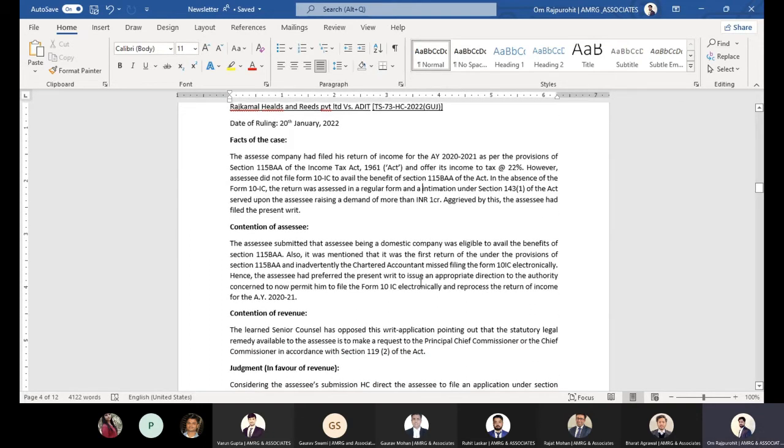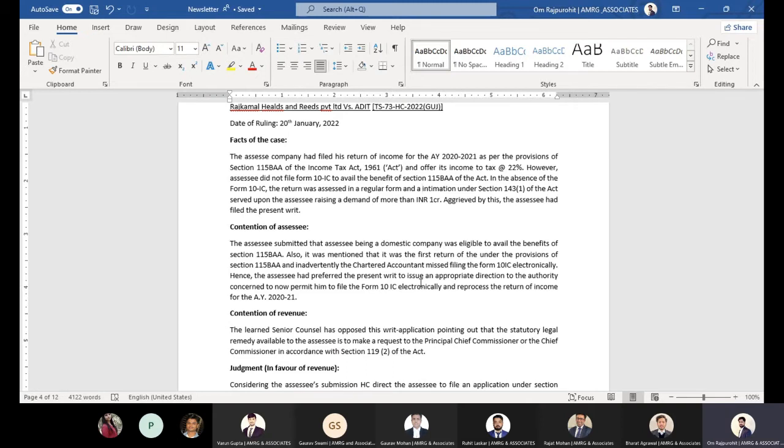As such, there was a negligence or mistake on the part of the SSC, and there is no particular remedy through which the SSC is able to file a manual return.